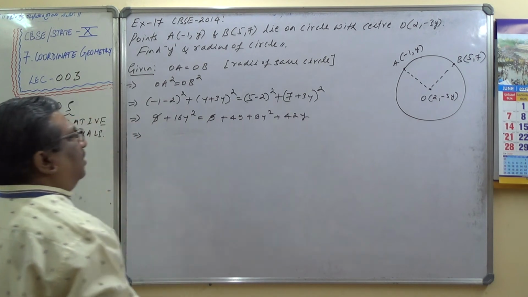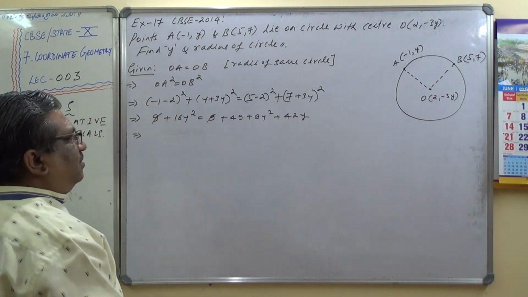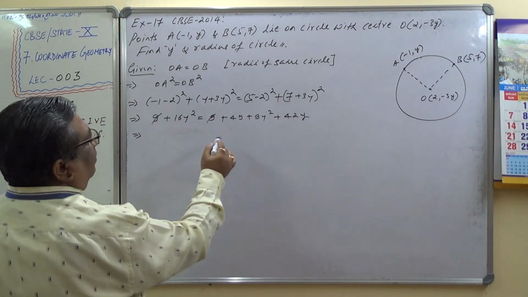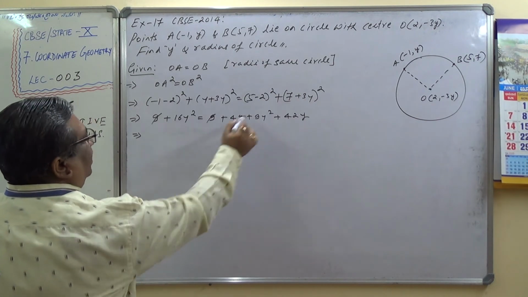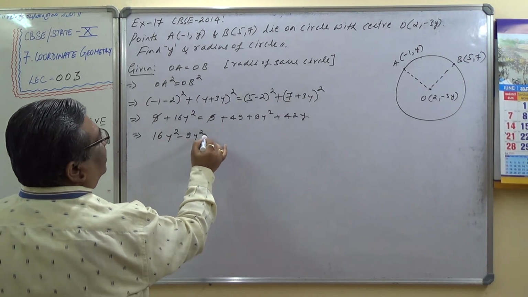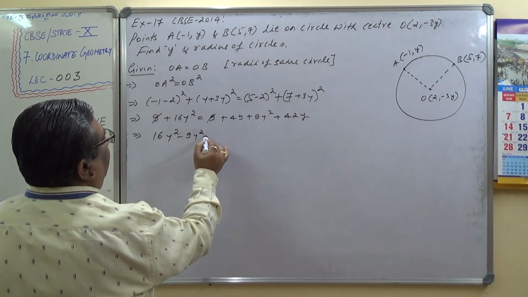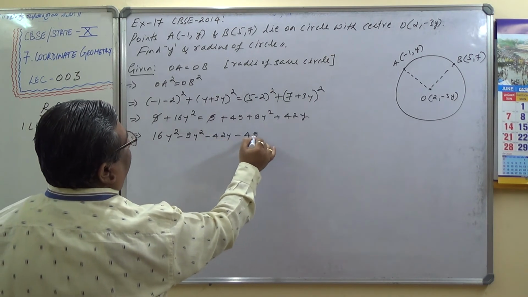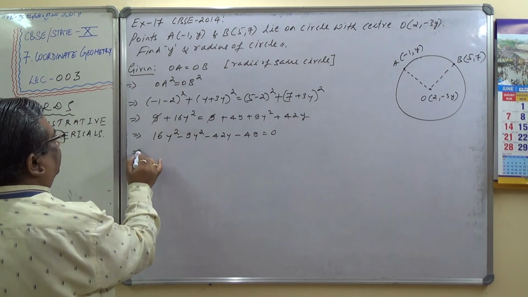Oh, we are getting quadratic equations. Students, we are getting quadratic equations. So I want plus y square, therefore I'll transpose everything. 16y square minus 9y square minus 42y minus 49 equals 0.